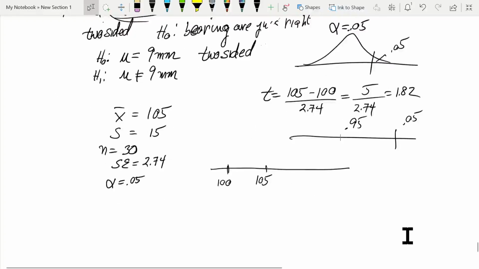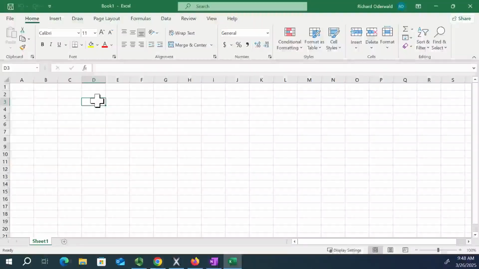What is the probability of getting a t-value of 1.82? I want to know whether 105 is sufficiently different than 100.